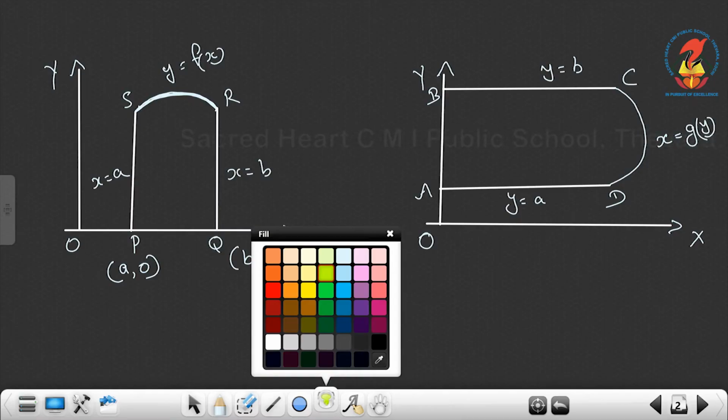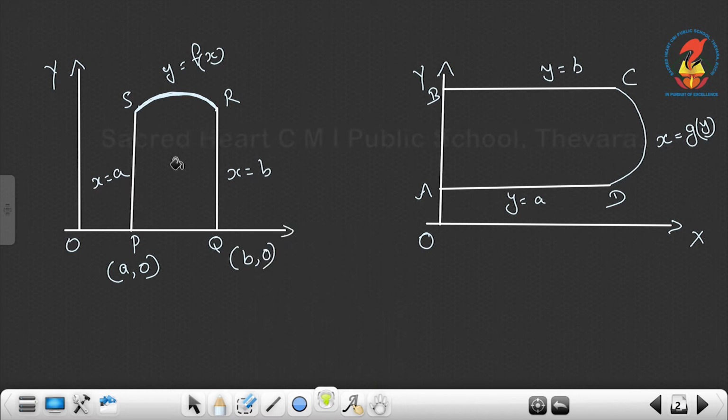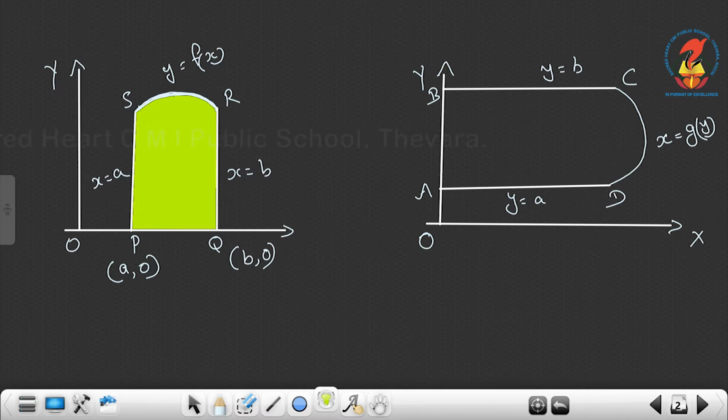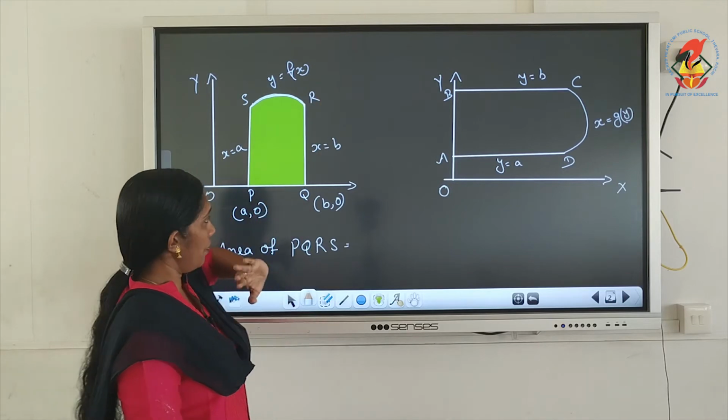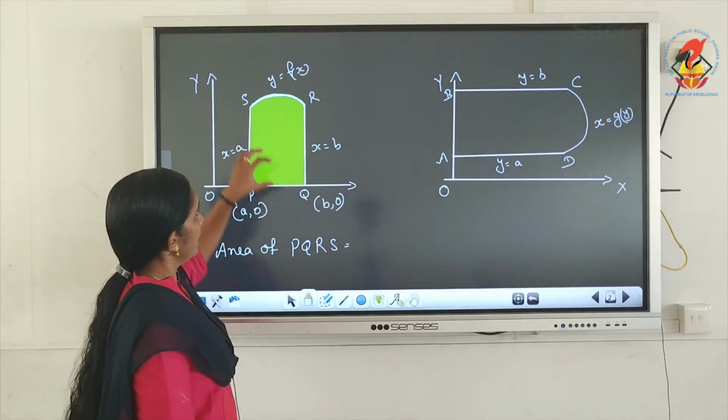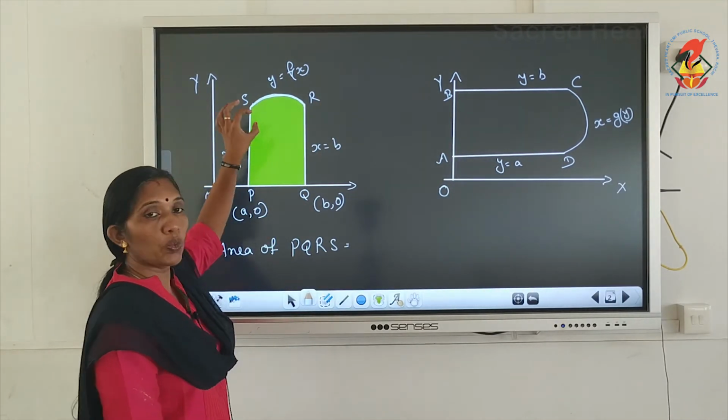So that portion only we have to find. So how to find that area? What we have to find is the area of PQRS. It is the area under the curve y is equal to f of x, and we can say that it is a bounded region.